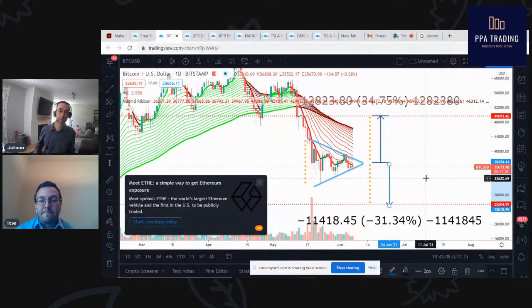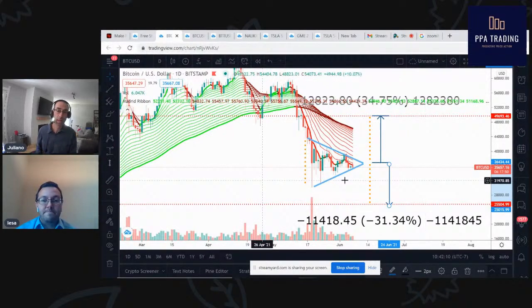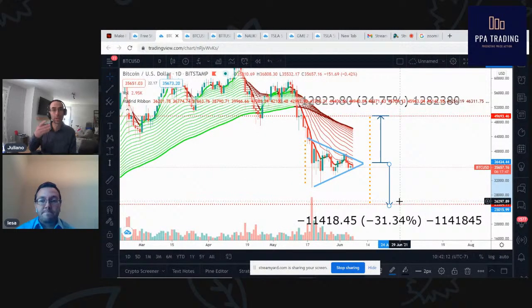Perfect. I'm on the same page over here. I do think that we are due for a relief rally. There was so much blood, so much downside movement in Bitcoin, so everybody's waiting, are we going to get a relief rally, a little bit of a move to the upside? I see a lot of people hoping for a rally to the upside.